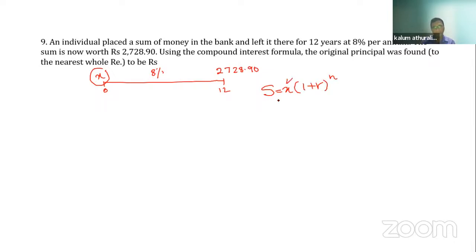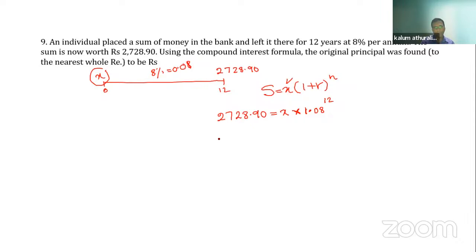They ask for x. S is 2,728.90. r should be 0.08. Then 1 plus r should be 1.08. Understood? Add 1 to this value, to the power n, which is 12.